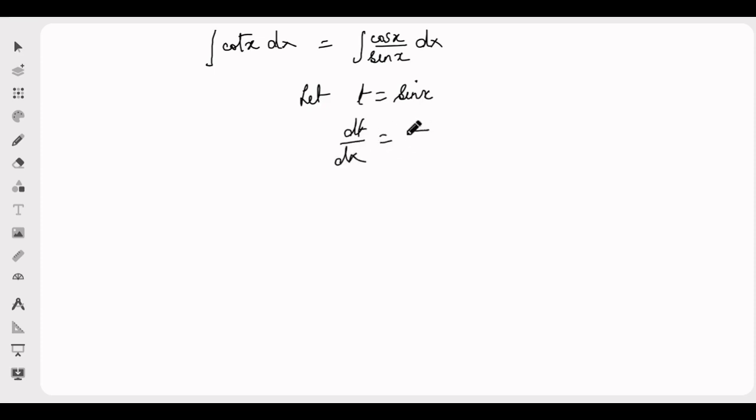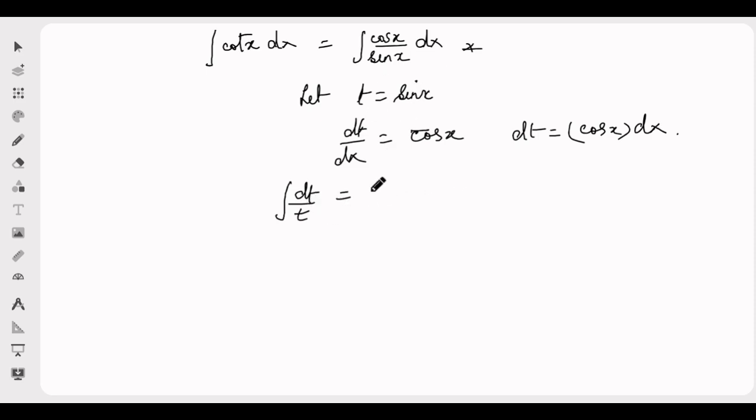So dt is equal to cos x dx. Therefore, now this function cot x, which was equal to cos x upon sin x, you can write as, in place of cos x dx, dt upon sin x, which is equal to t.